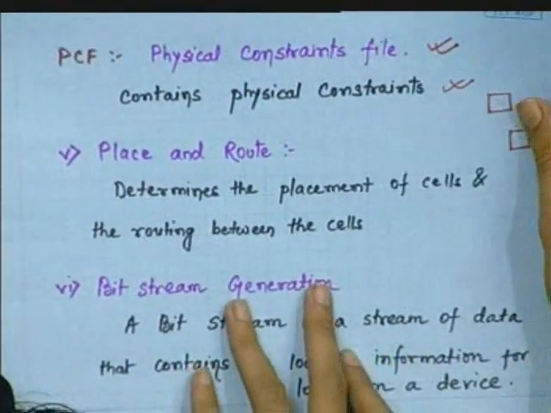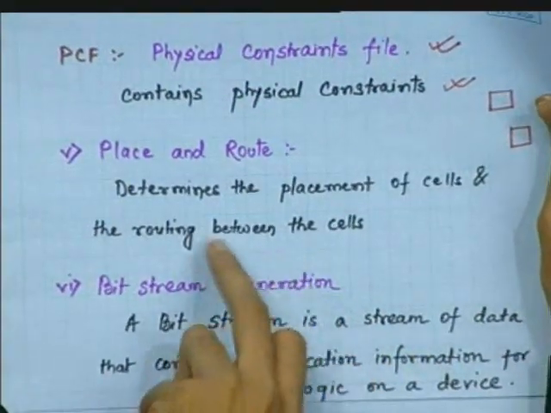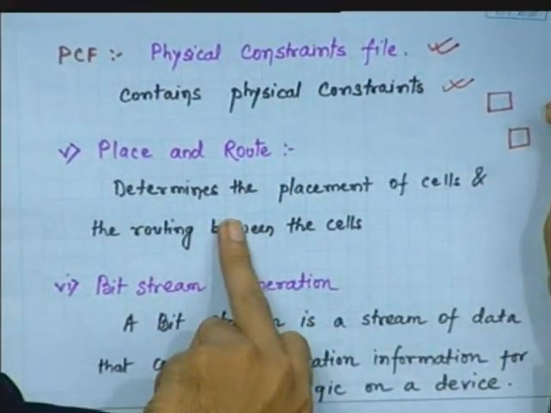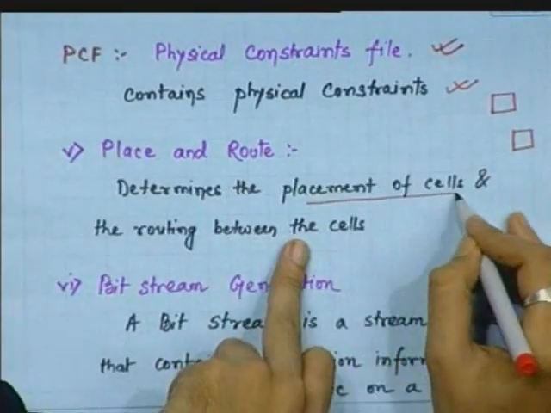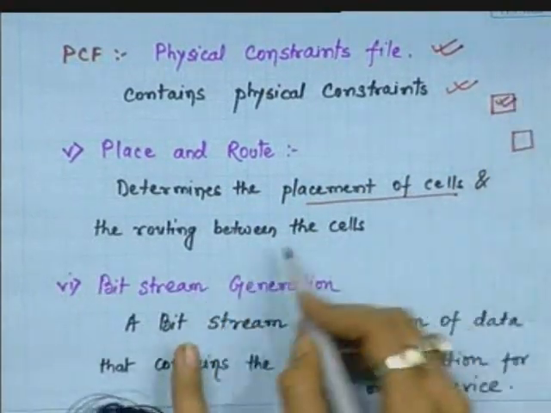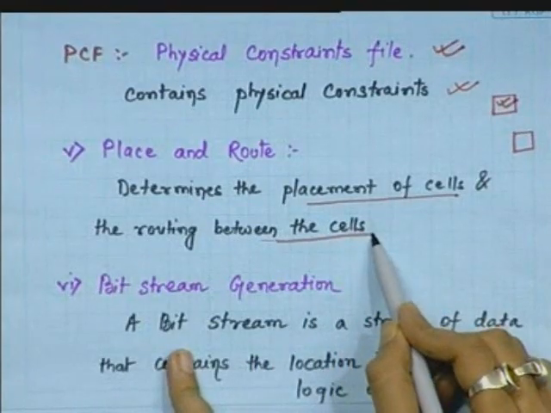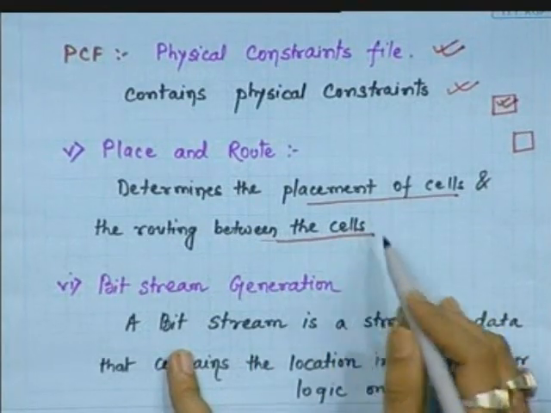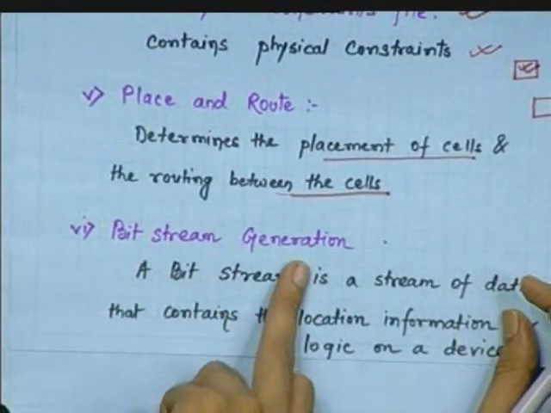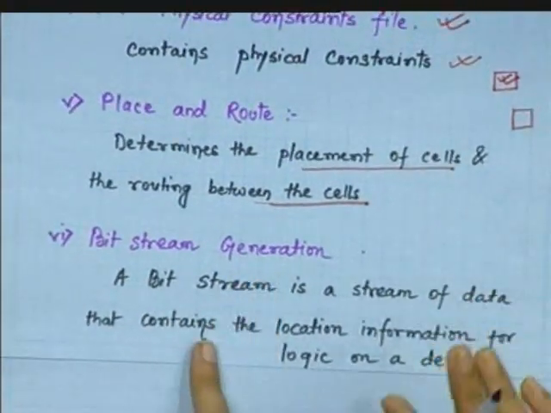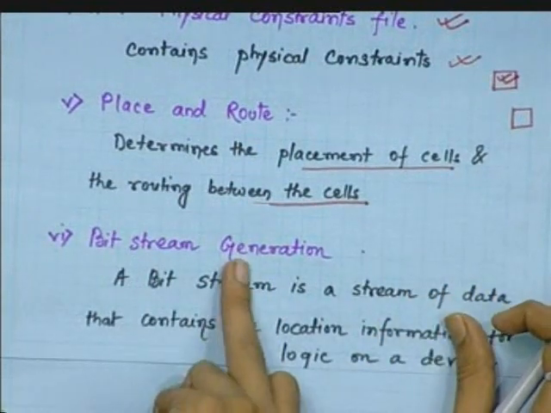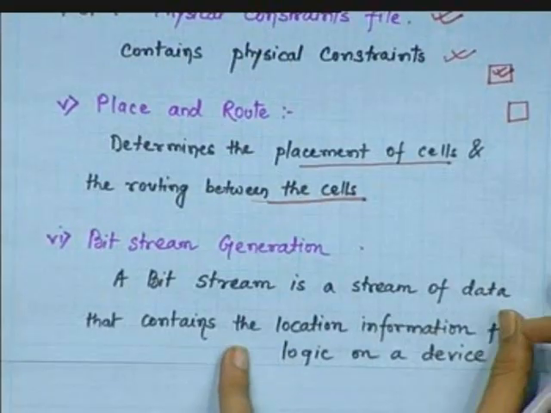Next, after mapping, we have the place and route. It determines the placement of the cells, which cell will be mapped to which CLB, and the routing between the cells. Followed by place and route, we have the bit stream generation, that is the actual configuration. The bit stream that is sent to the FPGA is generated after the place and route.